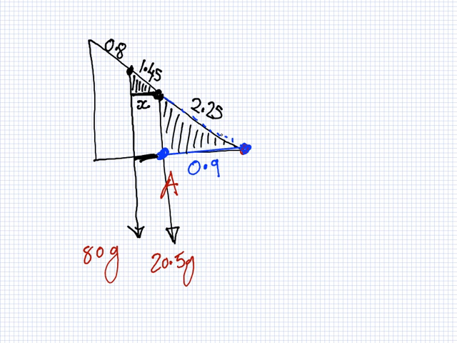So we call the triangles similar. The trick here is the ratio is the same. So you could say, for example, x over 1.45 should be the same as 0.9 over 2.25. And in this way, you have a very quick, neat, easy way of getting the x here.